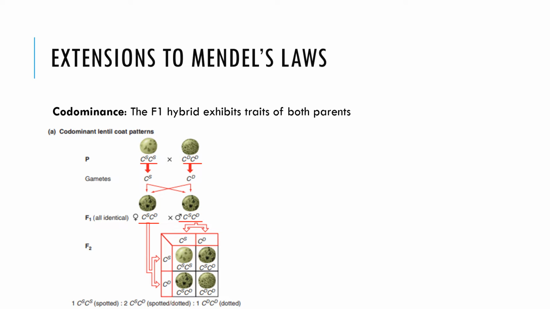Self-pollination of the spotted or dotted first filial generation generates second filial progeny in the ratio of 1 spotted, 2 spotted or dotted, and 1 dotted.